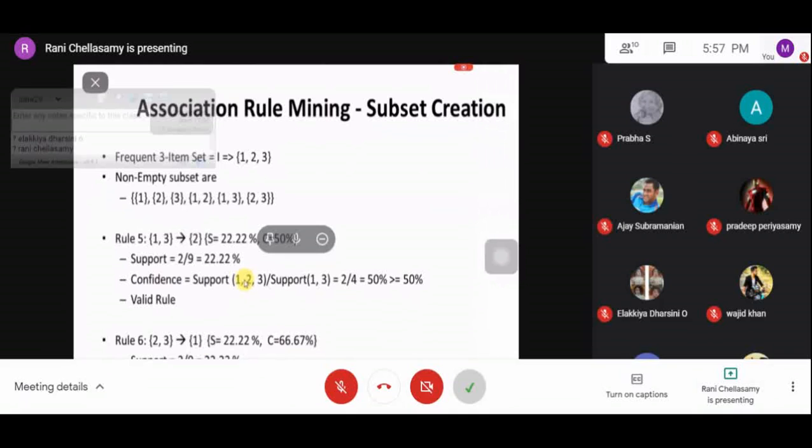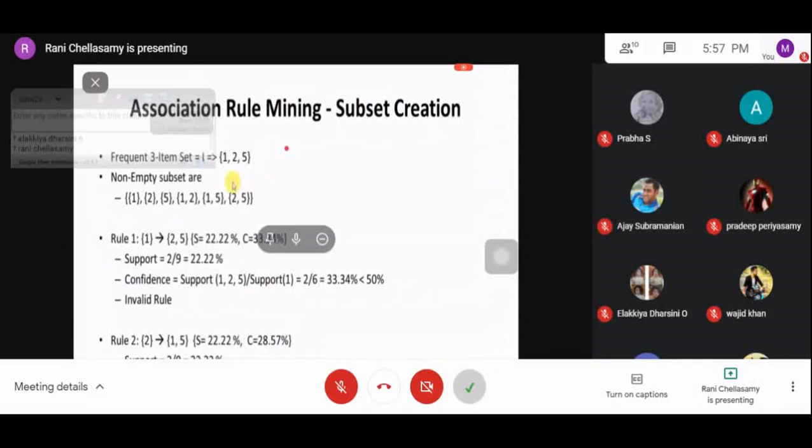So in this way, you are getting 2 sets in the frequent 3 item set. So far we have seen the first set. The next set contains 1 comma 2 comma 5. See here, find the non-empty subsets and frame the rules according to S implies I minus S. Based on that, rule 1 is invalid since it is less than the minimum confidence level.